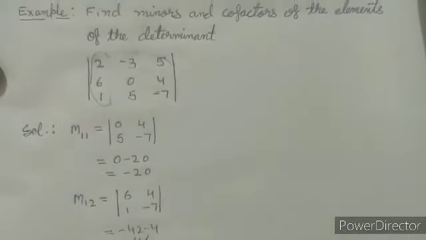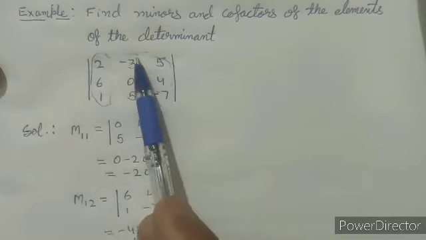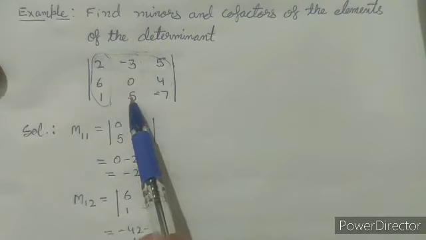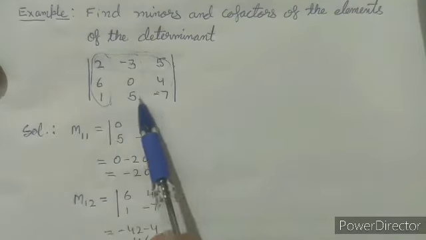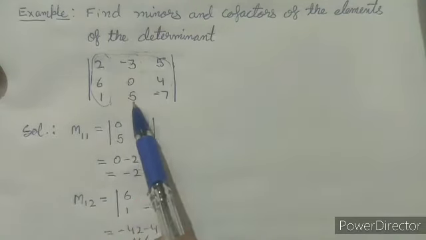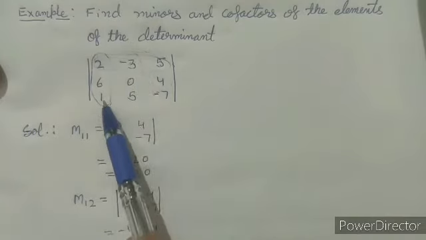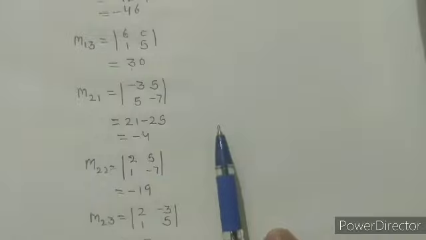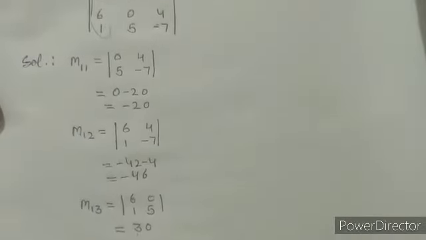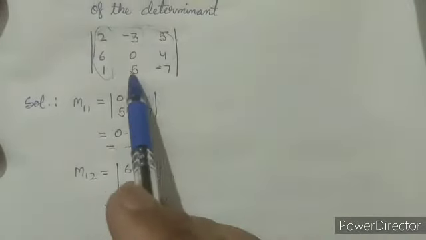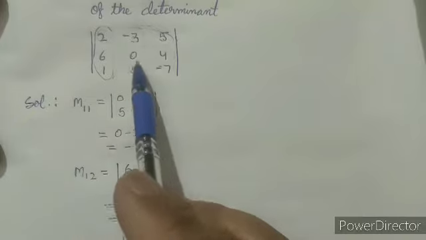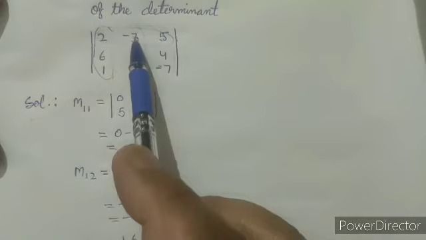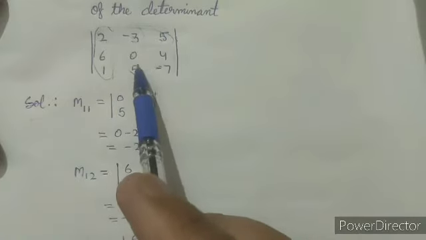Now similarly, we can find the minors of the other elements. Now suppose we are finding the minor of 5. Now here 5 lies in row 3 and column 2. That means this will be M32. Now on eliminating its row and column, we will get the determinant of minus 3, 5, and so on.